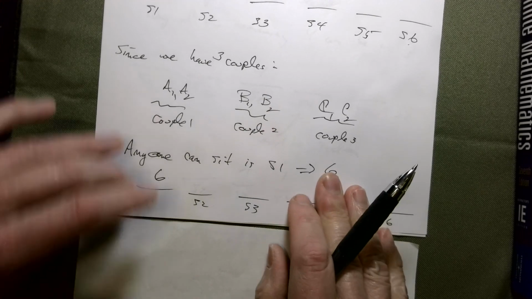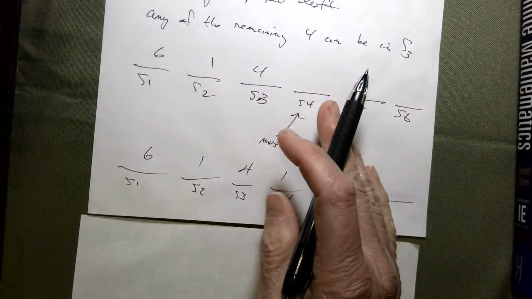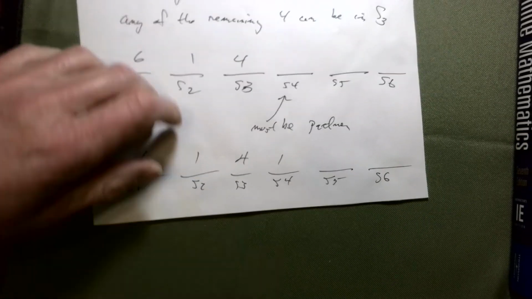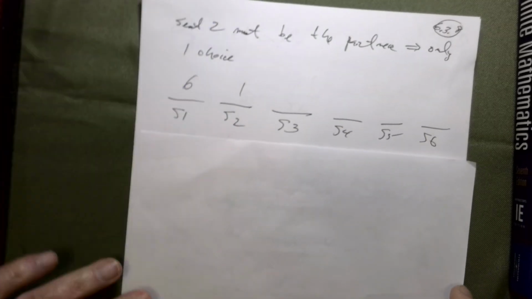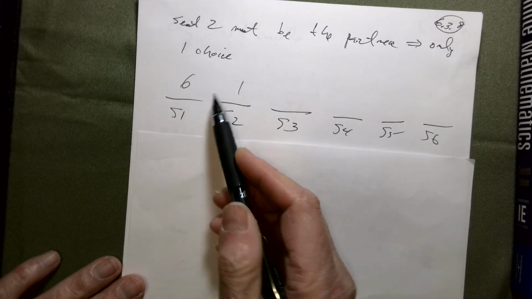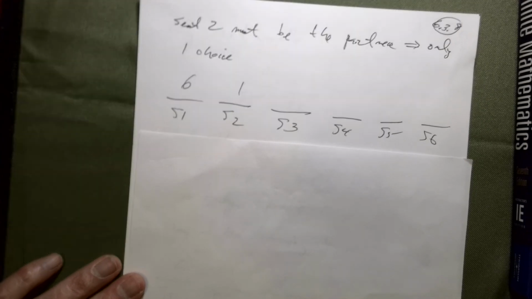You guys with me? Now, once I've made that choice, do I have any choices for who is going to sit in this second seat? The answer is no, because the couples have to sit together, correct? So once I've chosen one of the 6 people, we know there's only one person that can sit in the second seat.